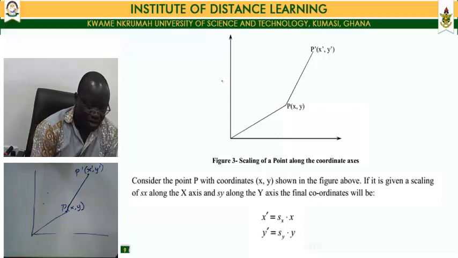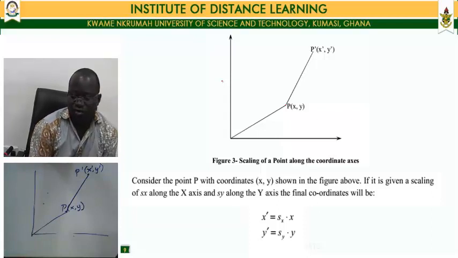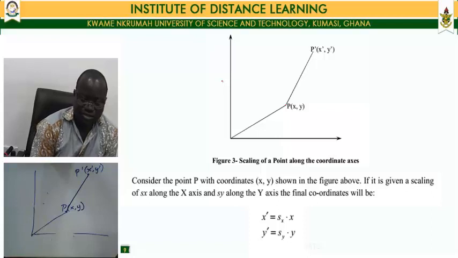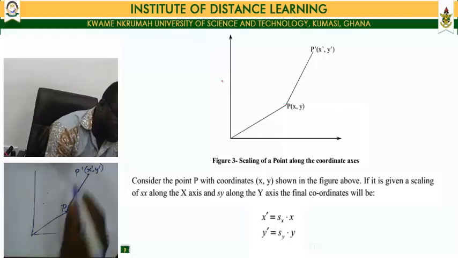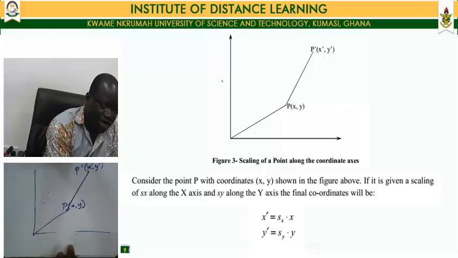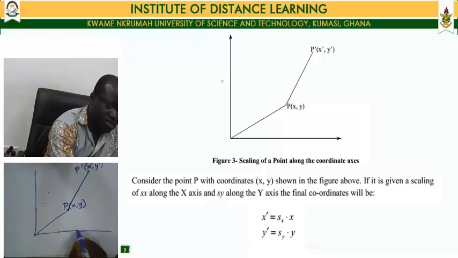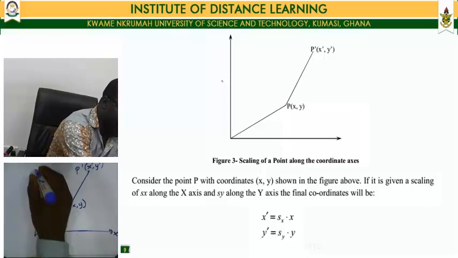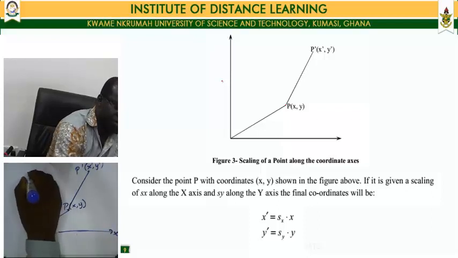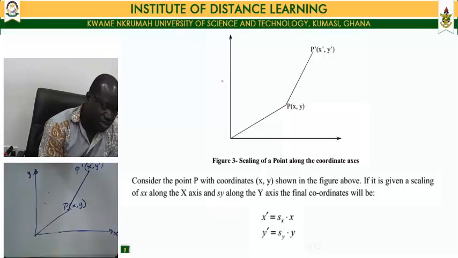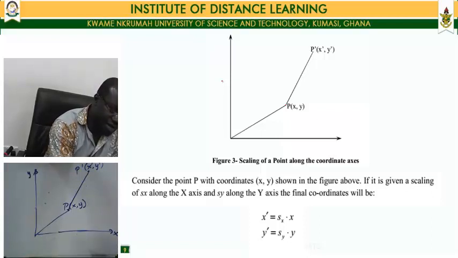Now, if we are scaling, then these new coordinates x prime, y prime can be determined by using the scale factor to multiply the coordinates x and y.